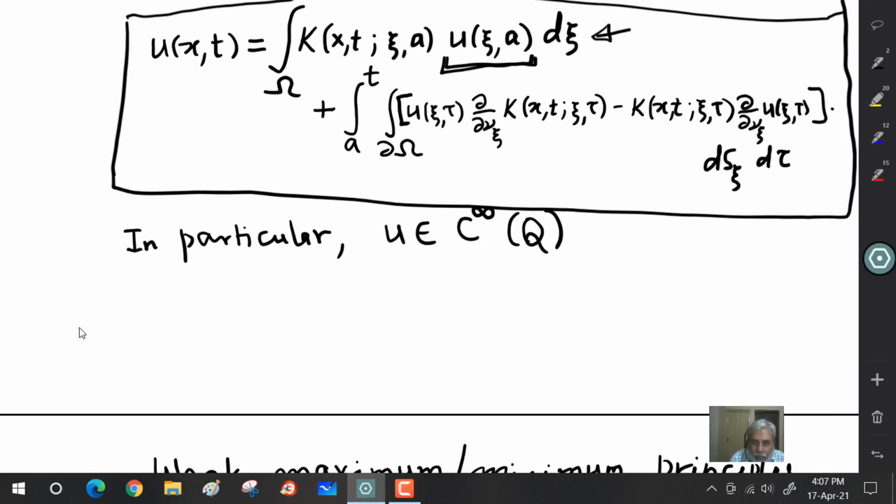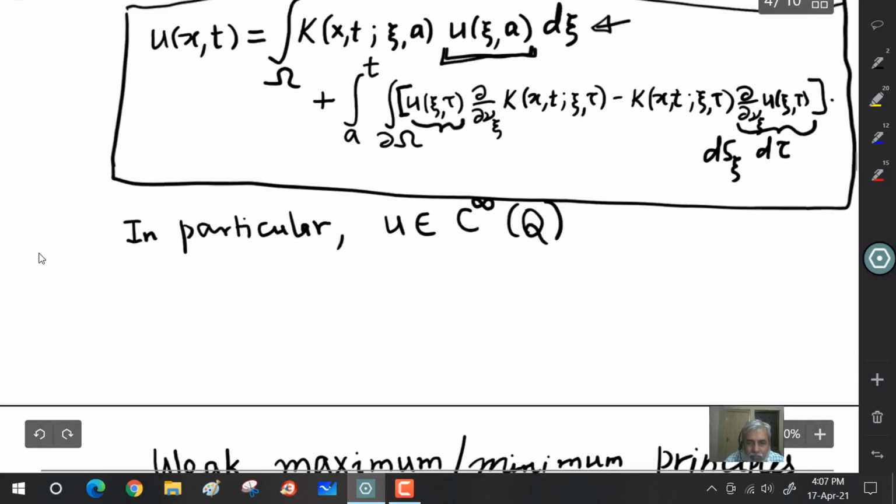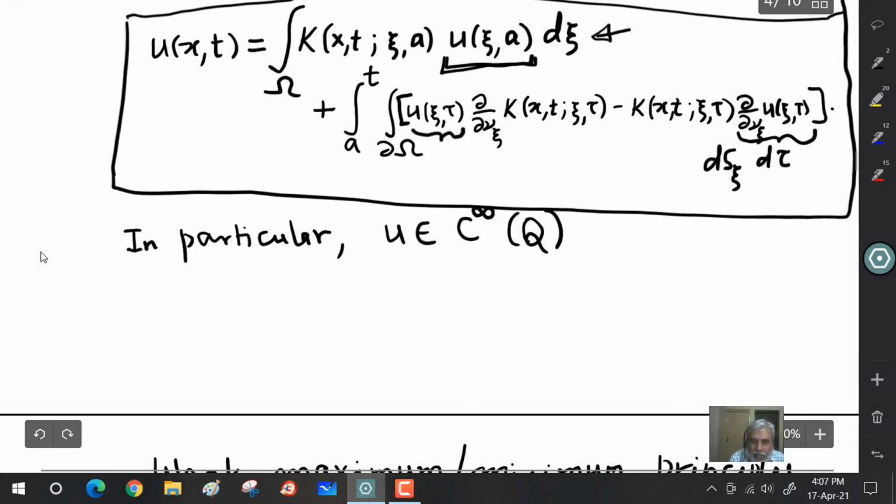But if you look at the boundary, it's demanding both the value of the function as well as its normal derivative, and we cannot prescribe both of them simultaneously. Only one of them we can prescribe. So this is not a solution formula, but if you take a solution of the heat equation, it satisfies this formula.